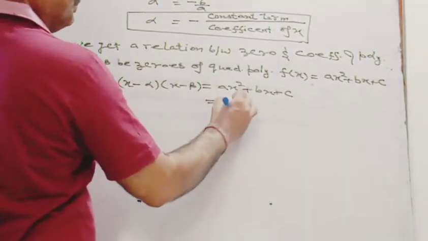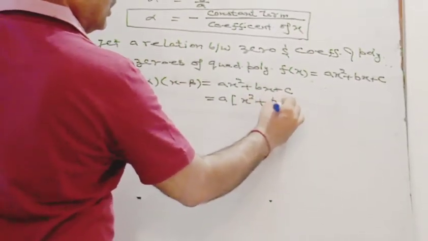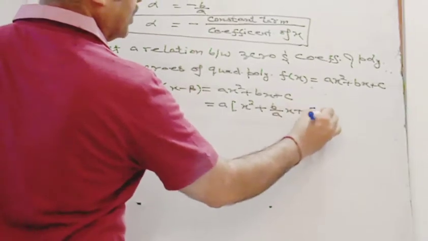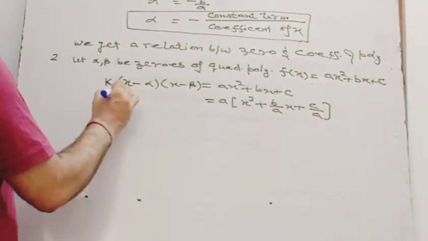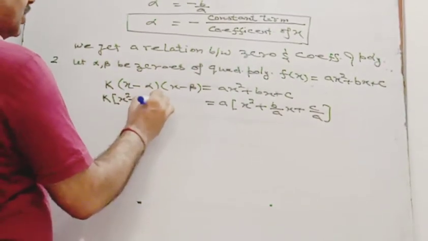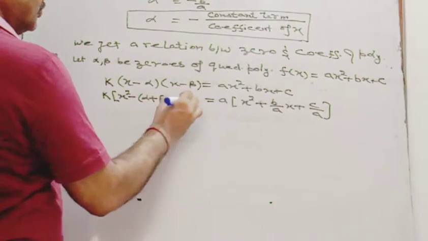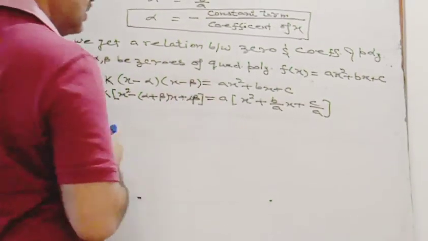Taking a common on the right hand side, x² + (b/a)x + c/a. Simplifying the left hand side, k[x² - (alpha + beta)x + alpha beta].